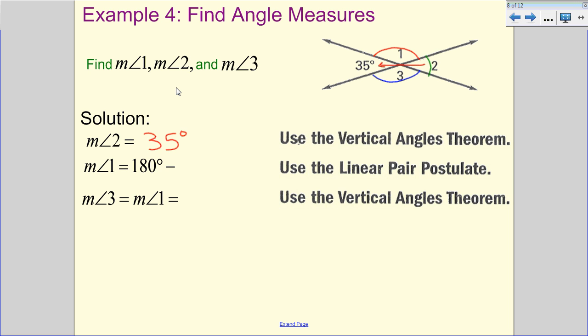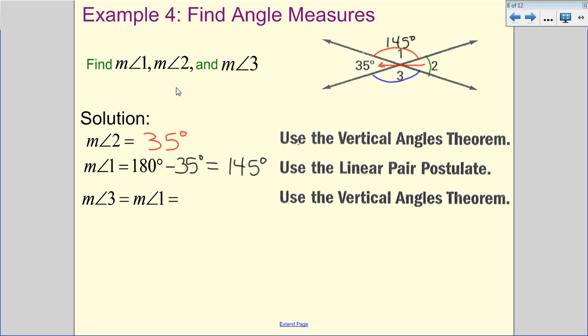I know angle 1 and angle 2 make a linear pair. They make a straight line. So I'm going to take 180, subtract the 35 degrees that I now know for angle 2, and I'm going to get 145 degrees. So now I can replace this big arc with 145 degrees.